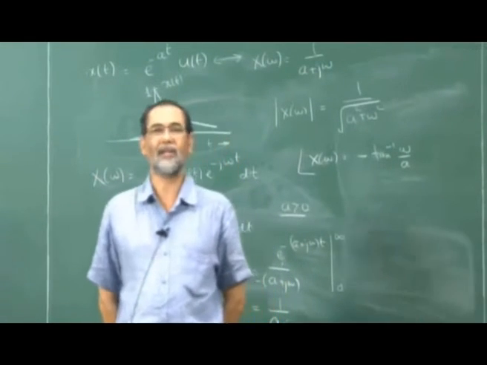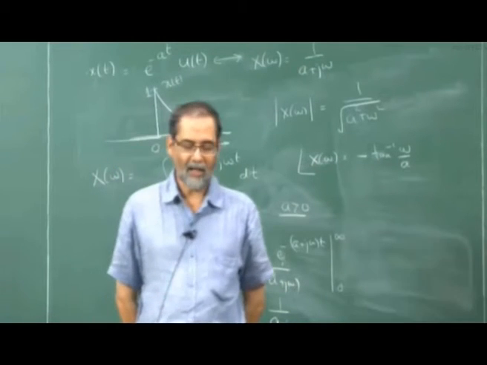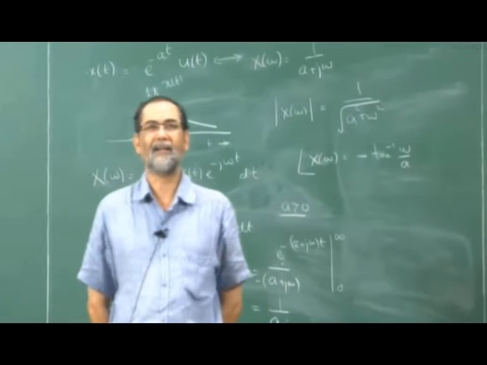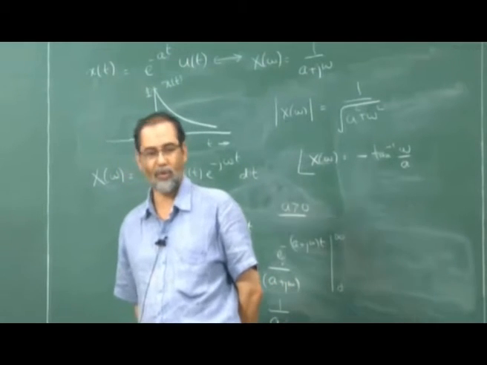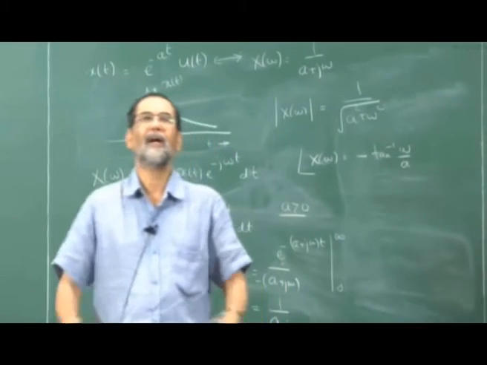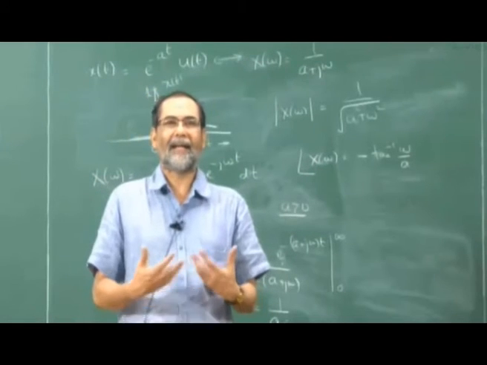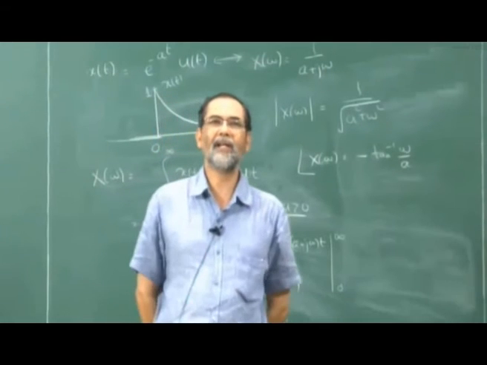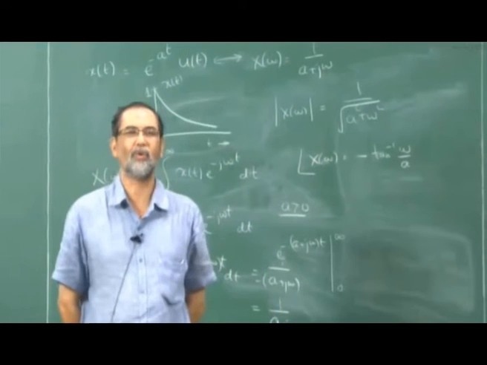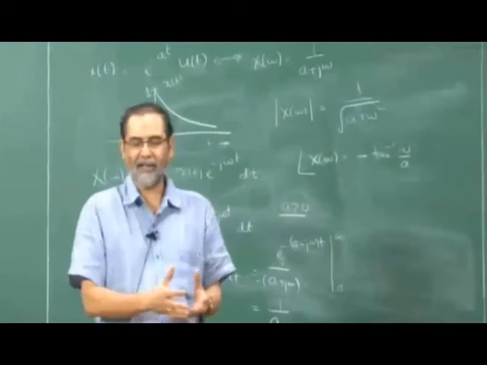U of t is not like that. So strictly speaking, if you apply the existence conditions of Fourier transform, u of t should not have a Fourier transform. But nevertheless, we take limits, and in the limit we assign a certain meaning of Fourier transform to u of t.